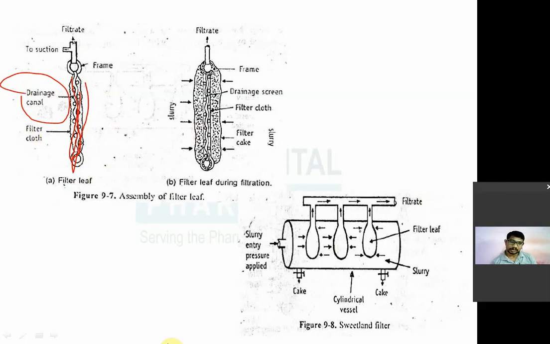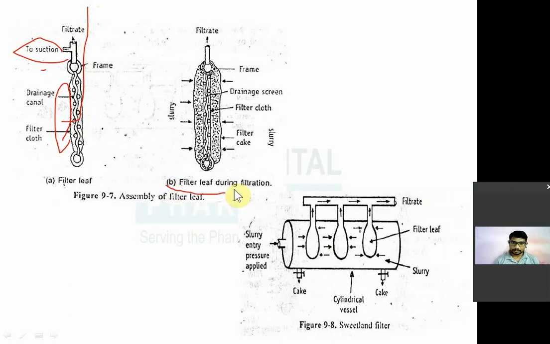The cartridge filter will look like this. As I have told you, a cartridge filter will have a pre-filter plus a membrane filter. First there will be a pre-filter, then afterwards a membrane filter of 0.2 micron size, so it can remove all forms of bacteria. That's why it can be used for sterile filtration. This is its assembly, the whole unit is put in like this.